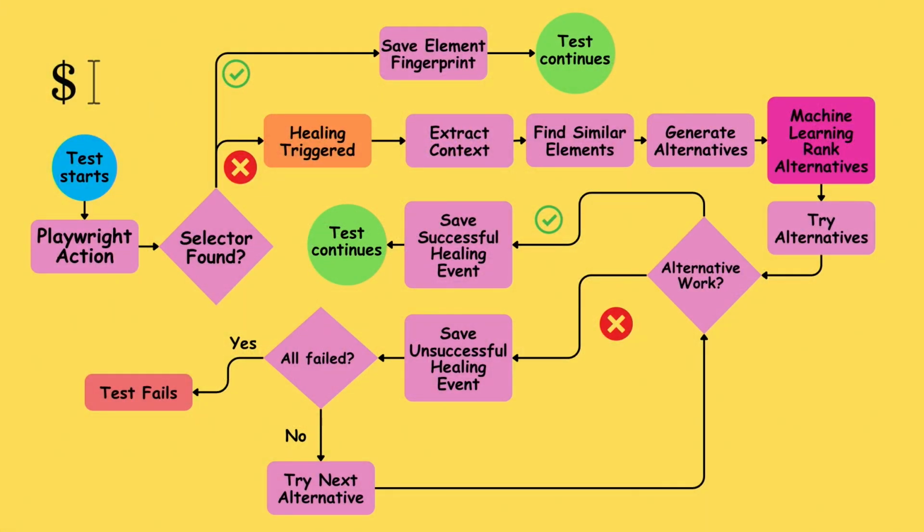Both successful and unsuccessful healing events will be stored in the database for future learning. The healing system will try until an alternative is successful or until it exhausts all alternatives with confidence score equal or greater than the threshold, which is defaulted to 0.5.